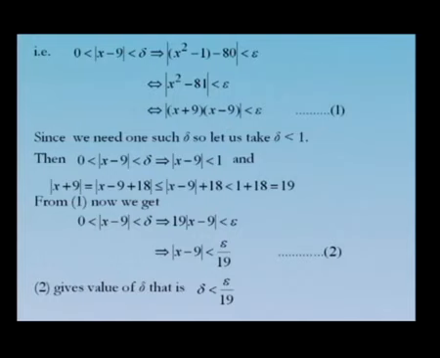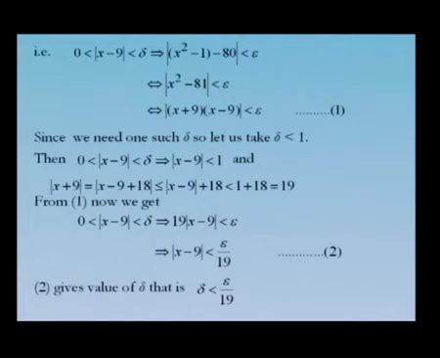That is, 0 < |x − 9| < δ implies |x² − 1 − 80| < ε, which is true if and only if |x² − 81| < ε, which is true if and only if |x + 9||x − 9| < ε. Now since we need only one such delta, we can put any restriction on delta.